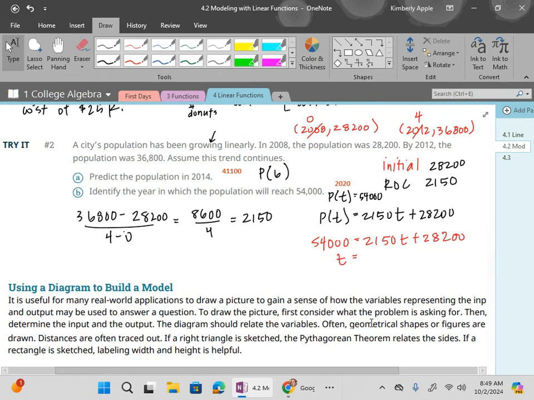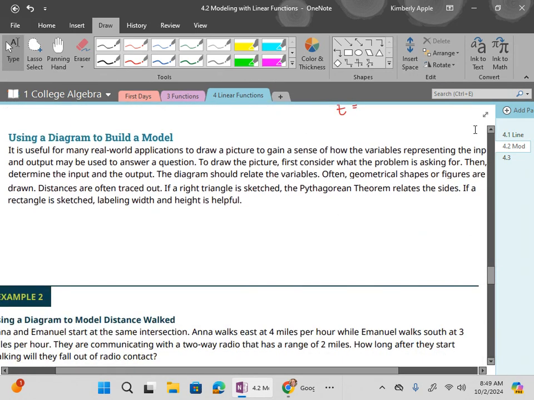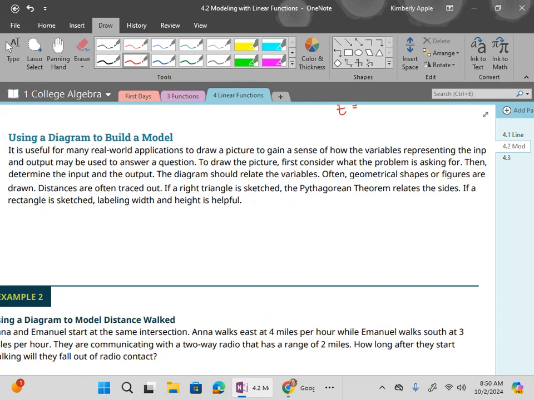All right, you're not going to like this one, but I love it. So, using a diagram to sketch a model. If you've ever had a class with me, especially the pre-cal class, I will harp on you until the end: draw a picture.